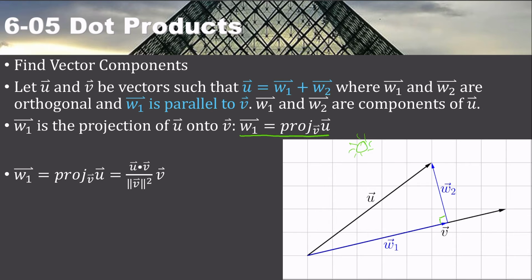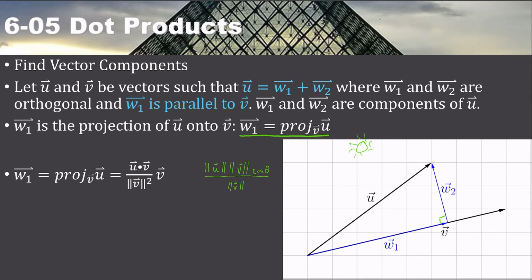Well, let's work it out, shall we? So, if we work this out, the dot product is the magnitude of u times the magnitude of v times cosine of the angle in between. I'm going to divide this.